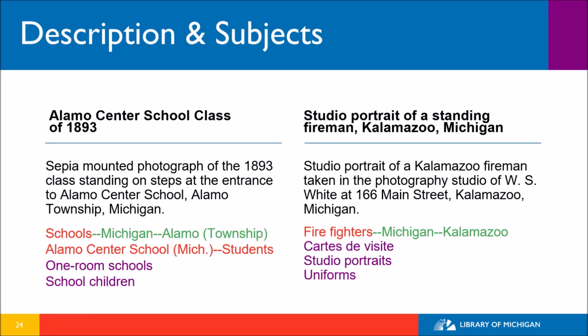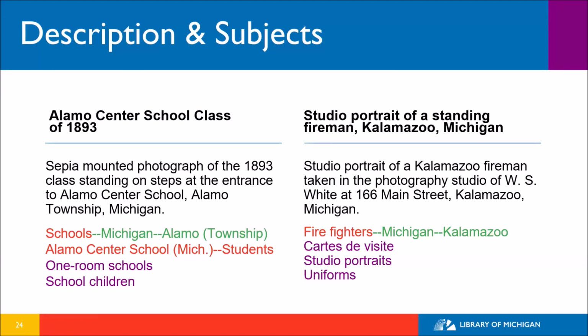So two fields especially important for creating helpful metadata are the description and the subject fields. And they're related, so I wanted to talk about them together. Here are titles, descriptions, and subjects for two objects in our regional history photograph collection. You'll see the Alamo Center School class of 1893 and a studio portrait of a standing fireman from Kalamazoo, Michigan.